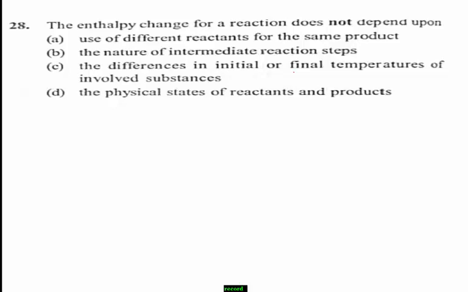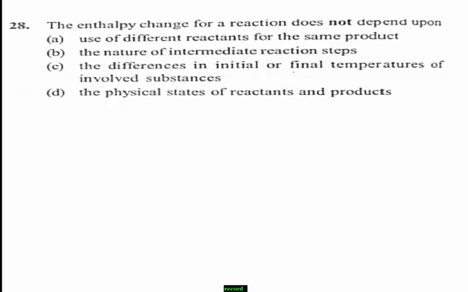Students, I think you know about Hess law, the law of constant heat summation. It states that regardless of multiple stages or intermediate steps of the reaction, the total enthalpy change for the reaction is equal to the sum of all the changes.